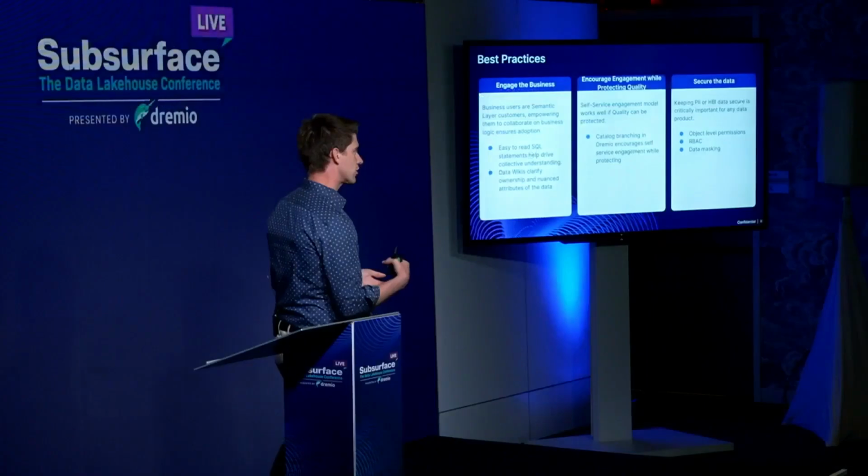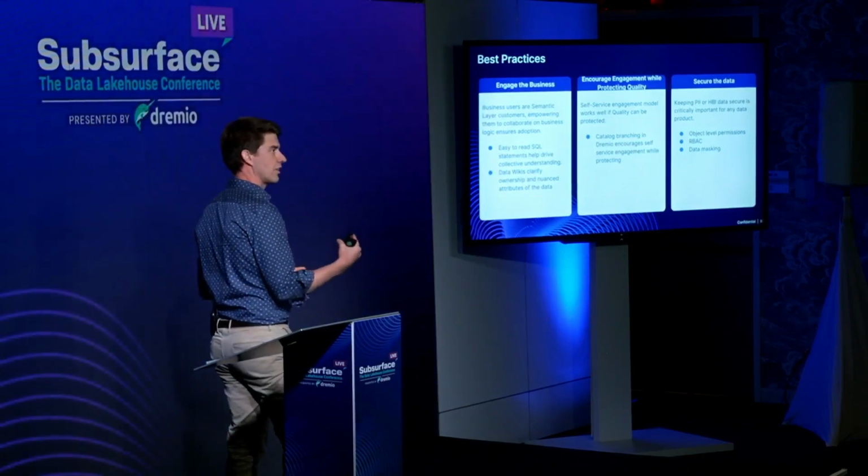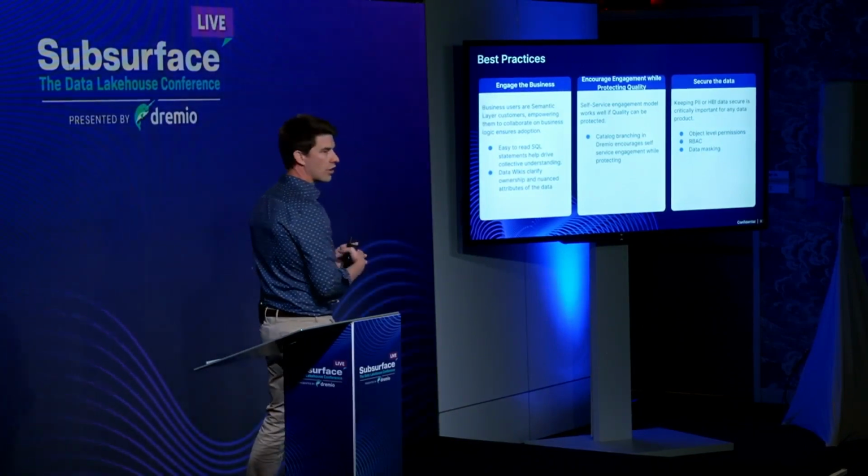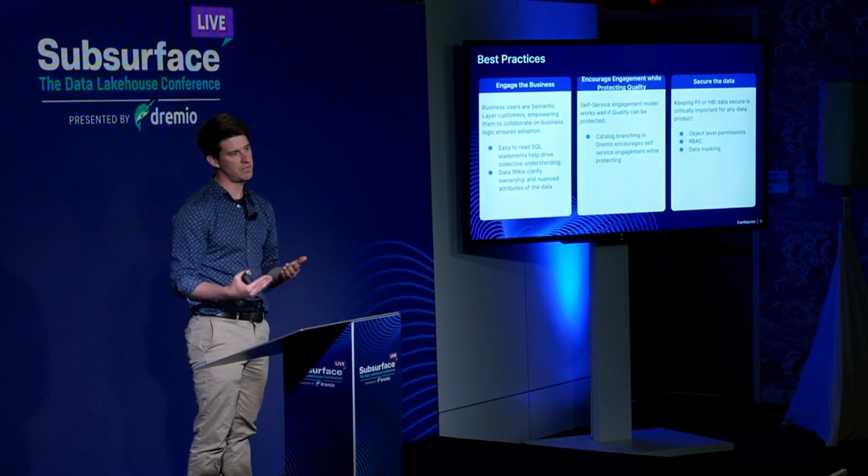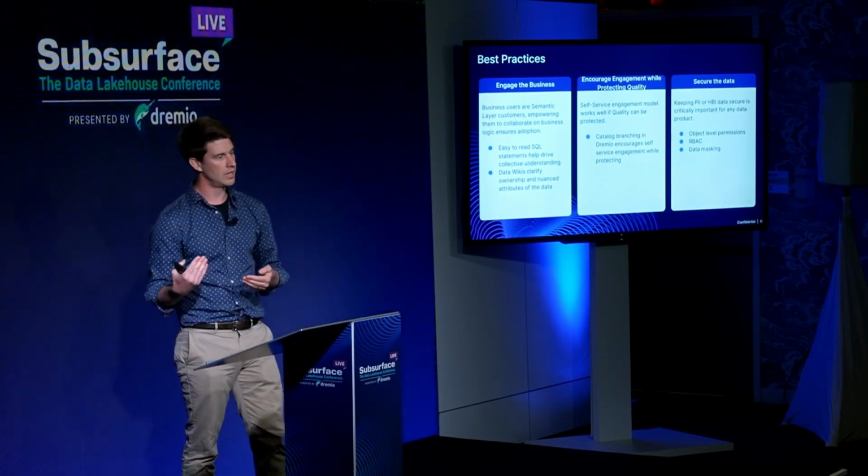It's likely the centralized team that runs and manages this system. So while you encourage engagement, constantly be vigilant for the quality of the system. We're going to talk about that in the demo, about how we propose that you do that. But it's just something to keep in mind. It's not just everything for free. A little bit of healthy tension is a good thing in some of these systems.